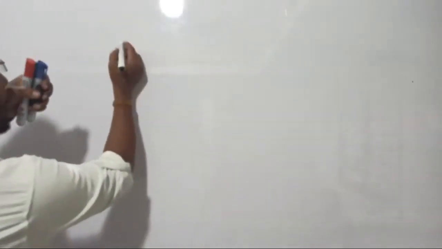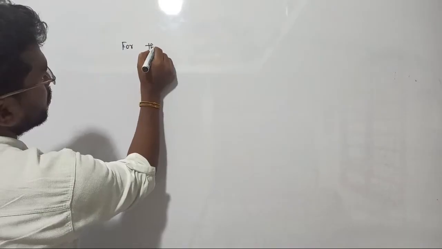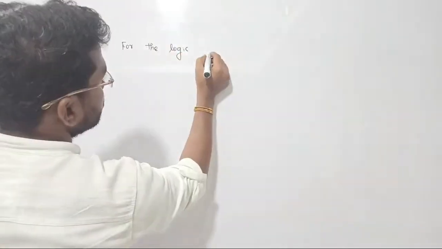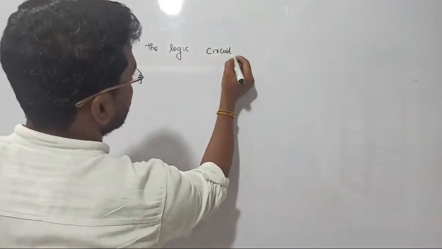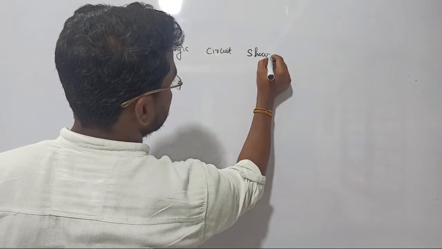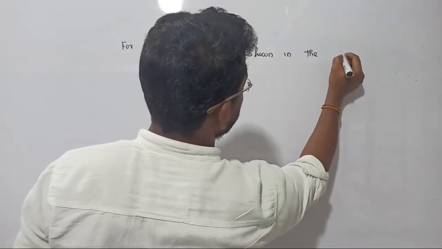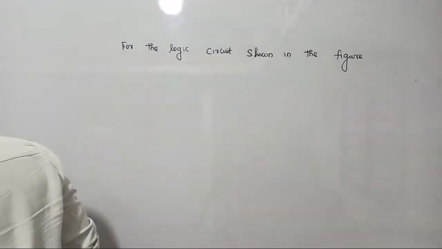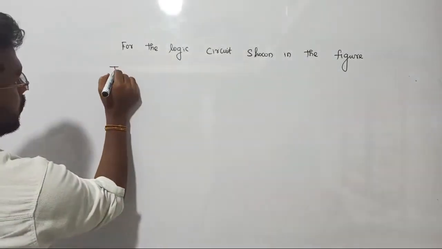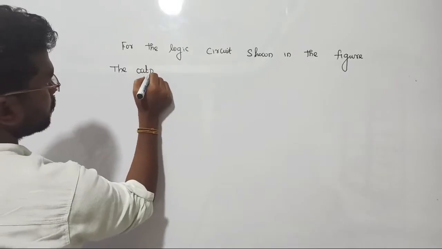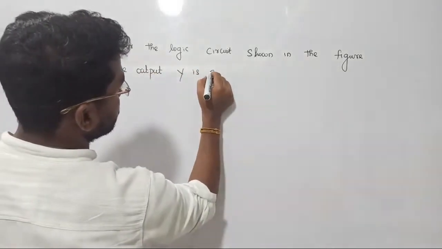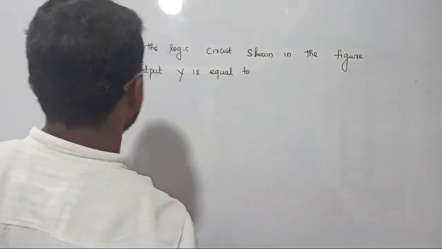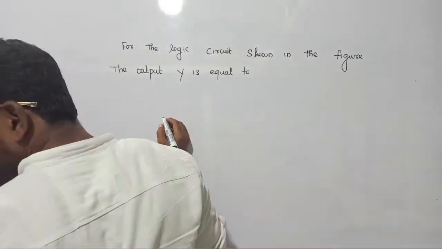Just write down the question. For the logic circuit shown in the figure, the output Y is equal to, right? Let me write it on the board. Anyway, first let us draw the diagram.